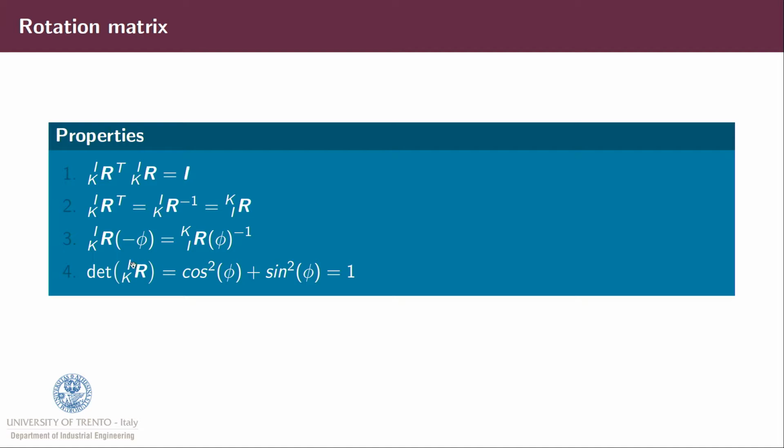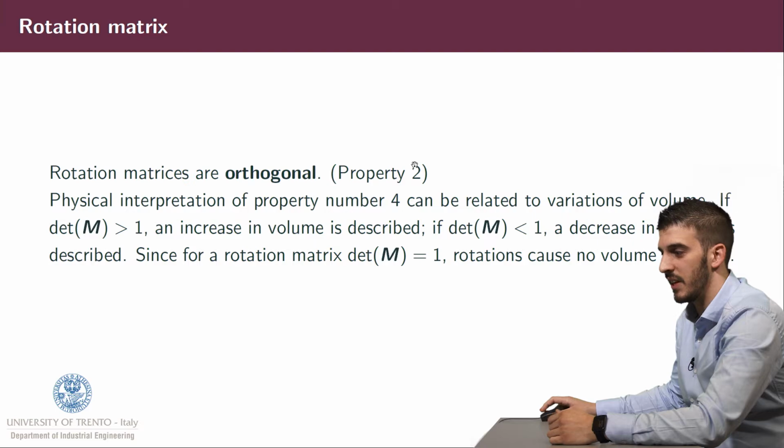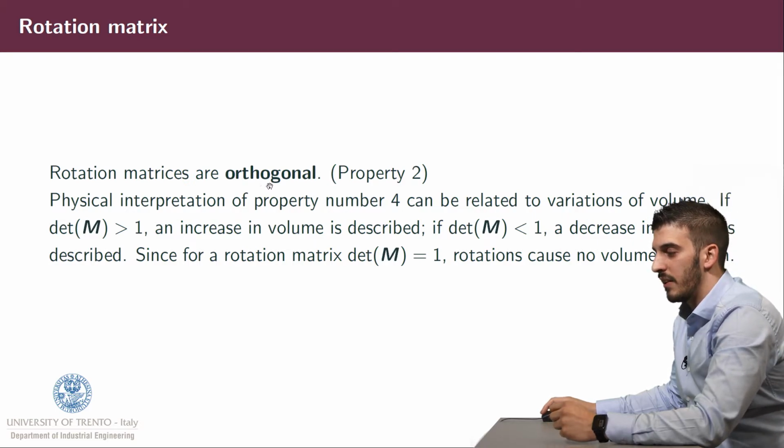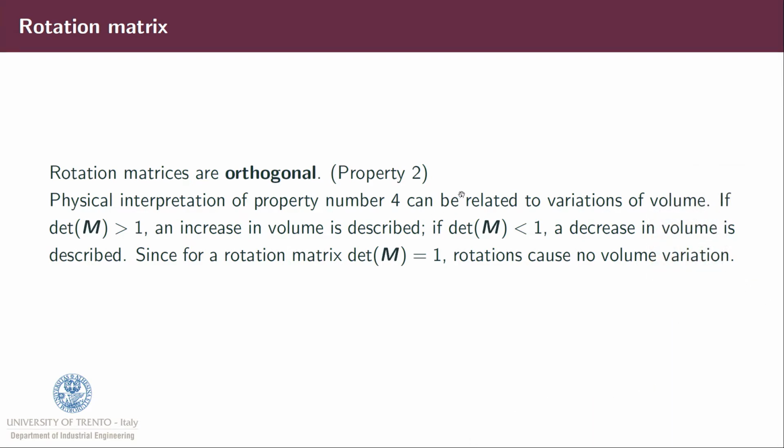And also the fourth property is that the determinant of a rotation matrix is actually equal to the cosine squared of phi plus the sine squared of phi, which is equal to 1. From property 2, we can state that the rotation matrices are orthogonal, and we can also give a physical interpretation of property 4, which states that the determinant of the rotation matrix is equal to 1.